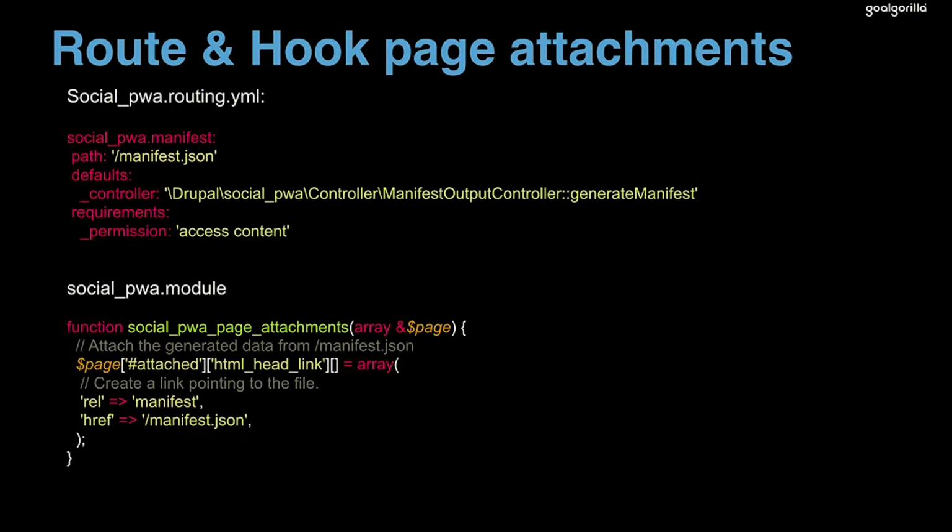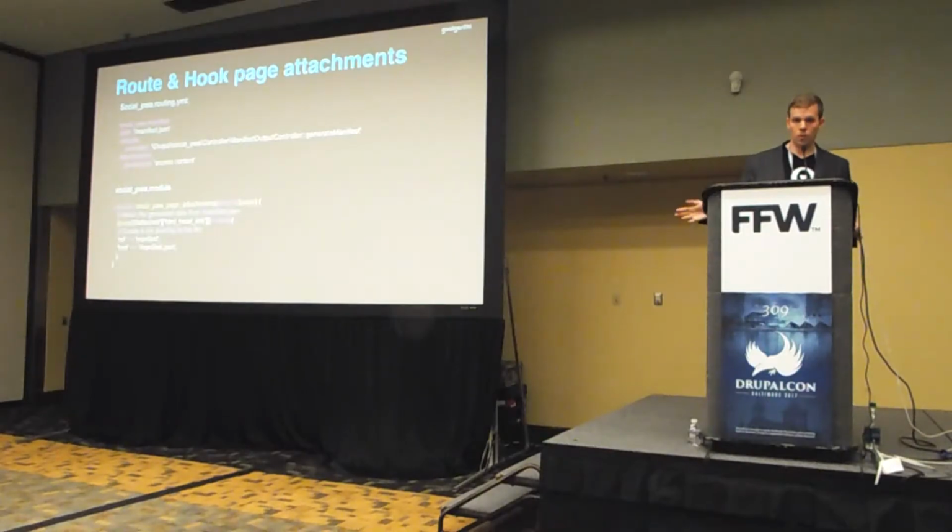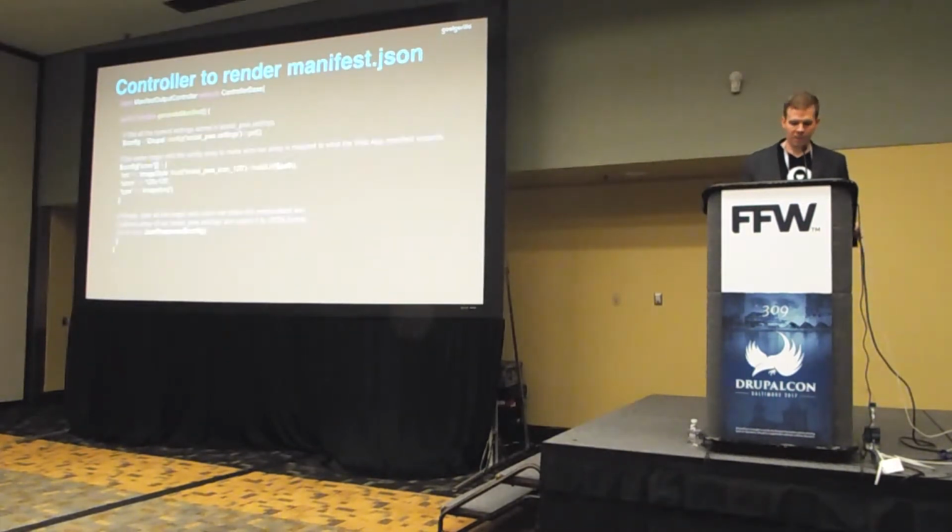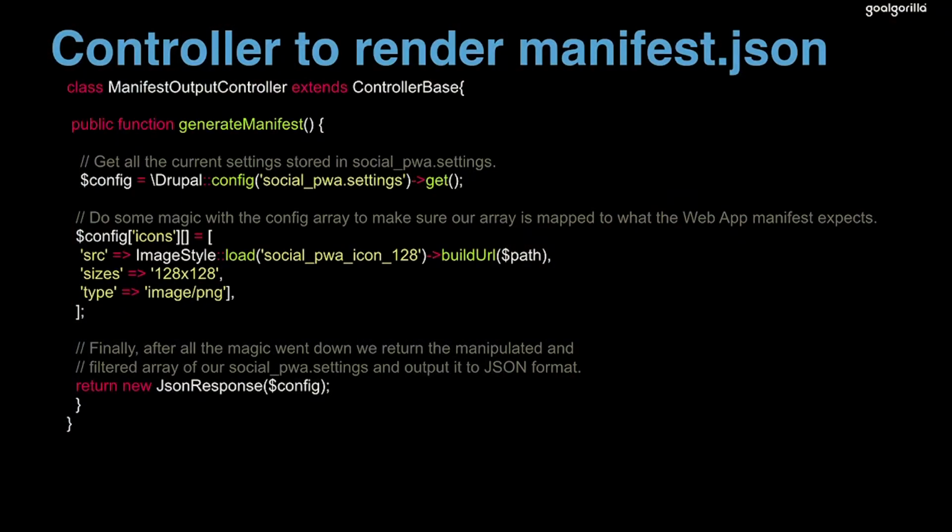And if you look above there, we have a routing.yaml where we say, hey, for manifest.json, we have a controller. The only thing that the controller does is really simple. It will just get your configuration, which you just stored through the admin form. It will make sure that it maps correctly with your manifest JSON settings, and it will just output it as a JSON response. And that's everything there is to it.